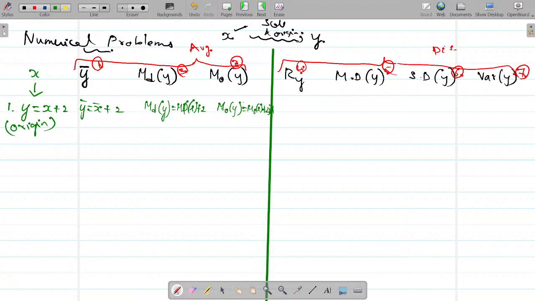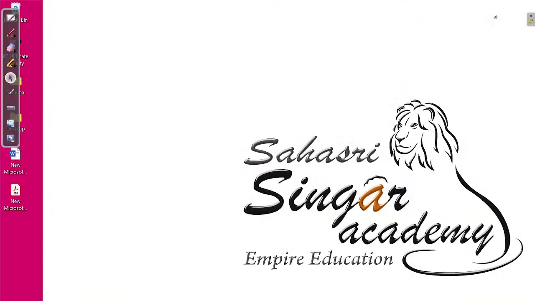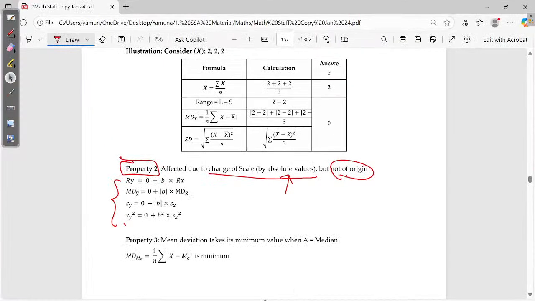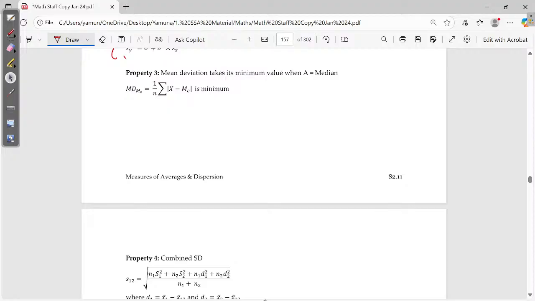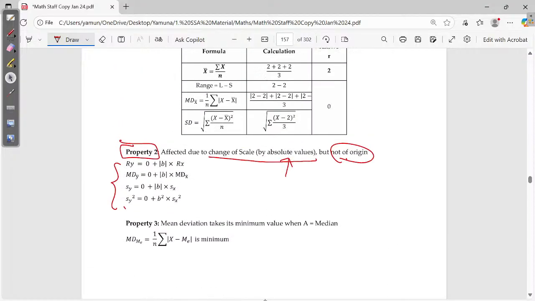Go to page 2.11, measures of dispersion. Read the line. Affected due to change of scale, but by absolute values, but not origin.